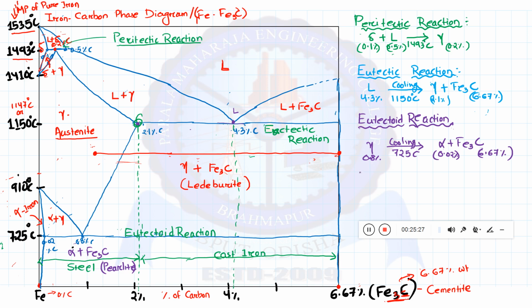So let me write an important point. At 4.3 percentage of carbon, the alloy has the lowest melting point, 1150 degrees Celsius, beneficial for casting.